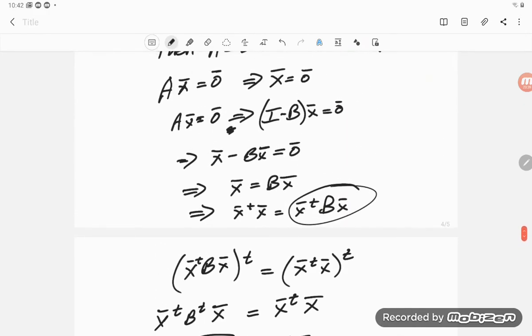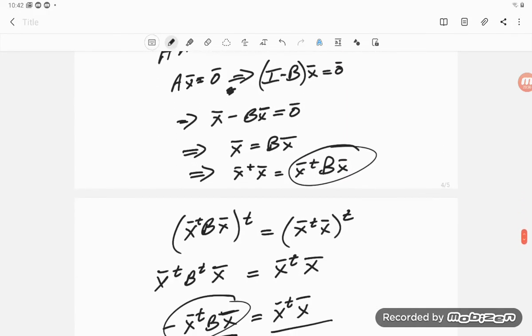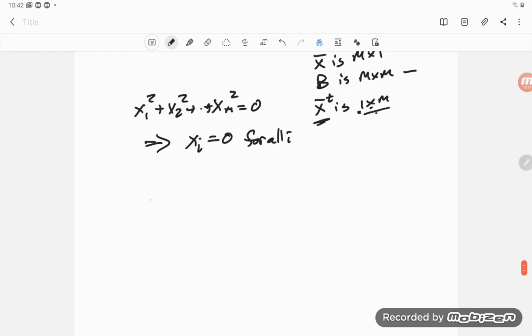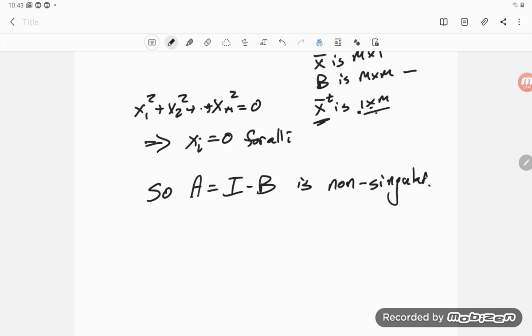That implies that X is 0, and so A equal to I minus B is non-singular. Which really is a pretty amazing result. That's a nifty result right there. Okay, and I guess that finishes out section 2.5.